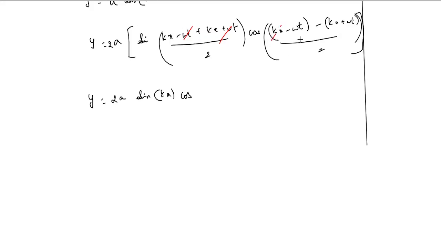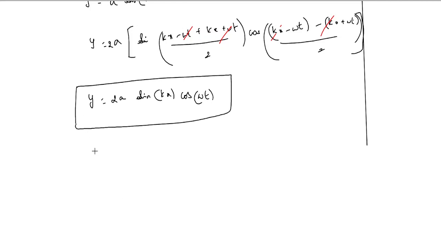From here kx gets cancelled, and what we get is minus of 2 omega t by 2, but cos of minus x is plus cos x, so this becomes just omega t. So this is what we get for y.